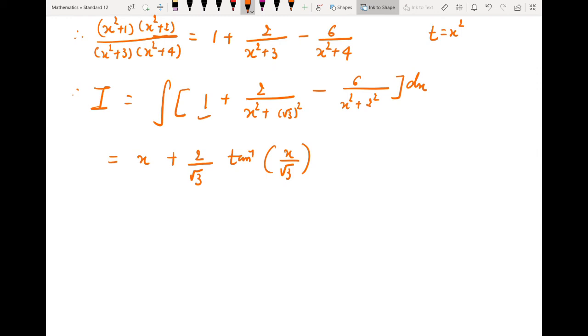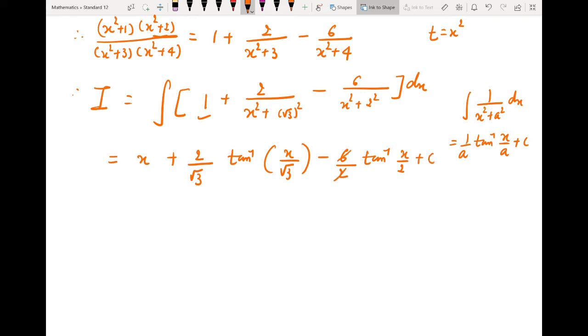So this is using the formula integral of 1 upon x square plus a square dx equals 1 by a tan inverse x by a plus c. So 2 upon root 3 tan inverse x upon root 3 minus 6 times 1 upon a, so this is 1 upon 2 tan inverse x by 2 plus c.